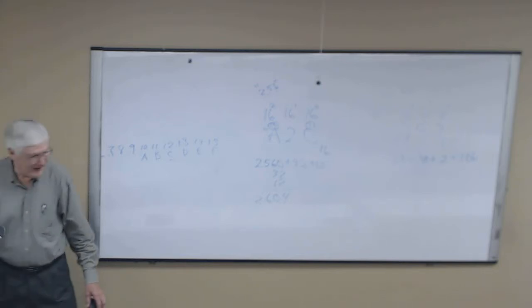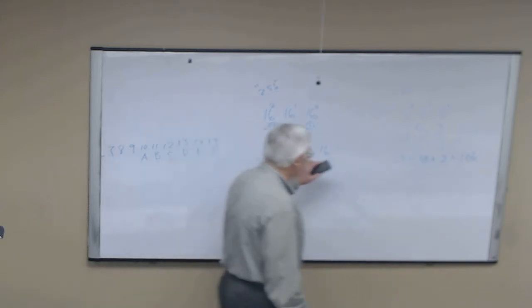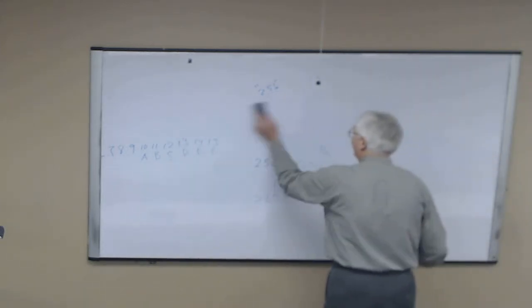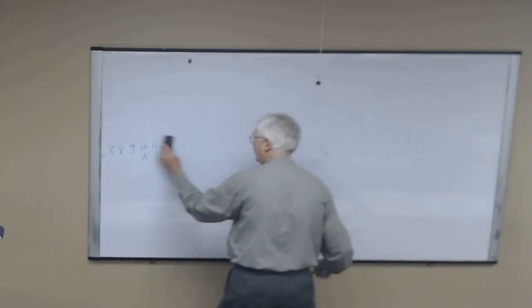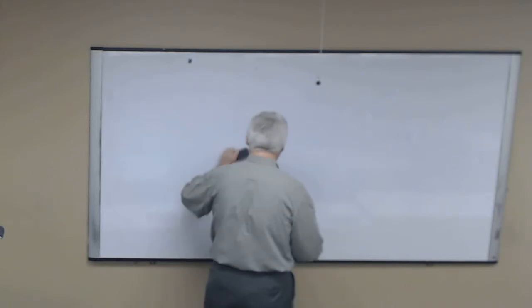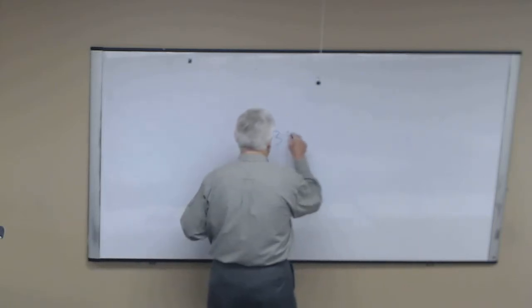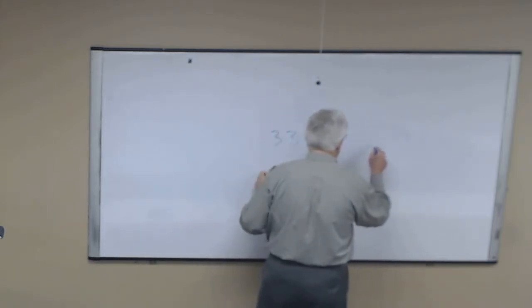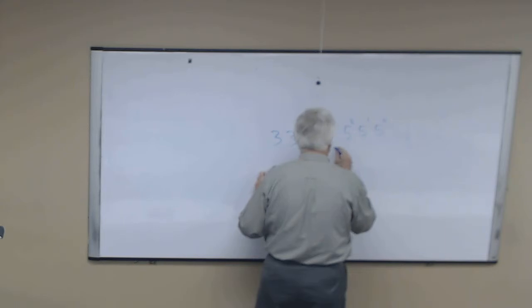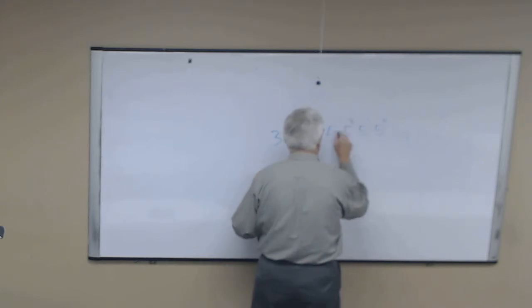Convert 33 to base 5. So that means if I want base 5, I have 5 to the 0, 5 to the 1, 5 squared, and then 5 to the third.